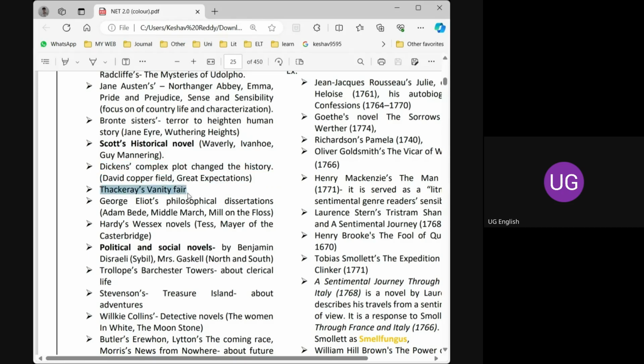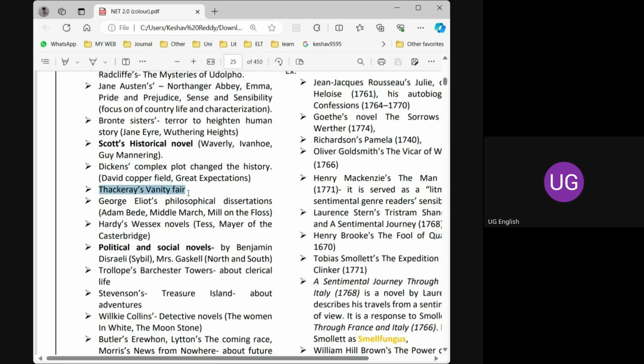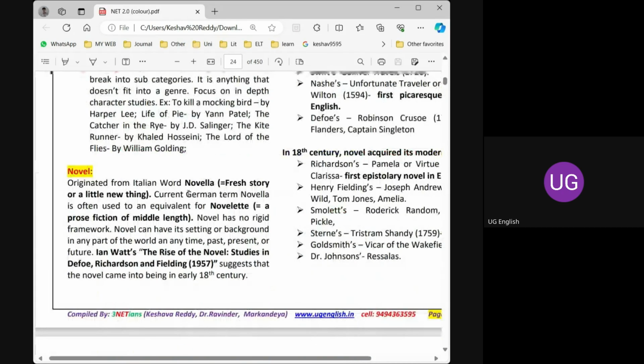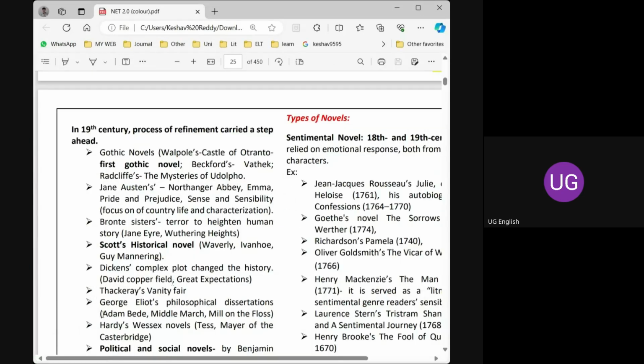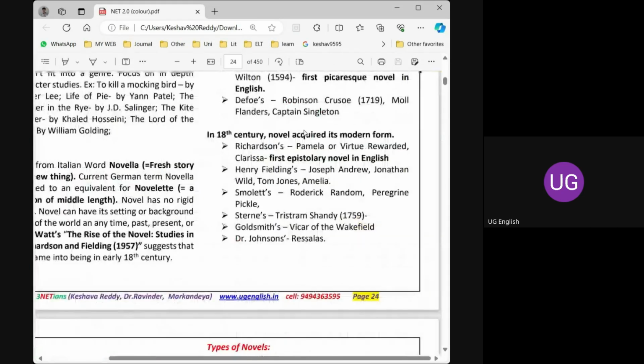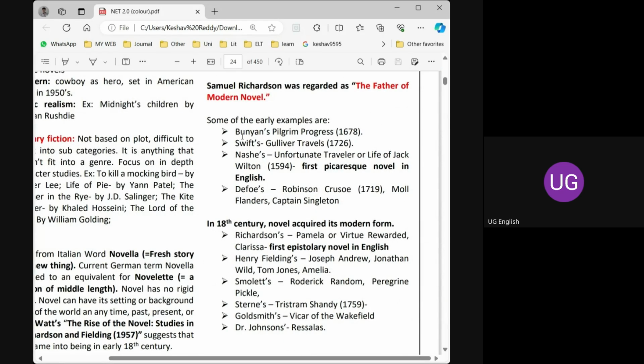And there is a connection between this Vanity Fair and Pilgrim's Progress. If you have any idea, just type your answer. Thackeray's Vanity Fair and Bunyan's Pilgrim's Progress.